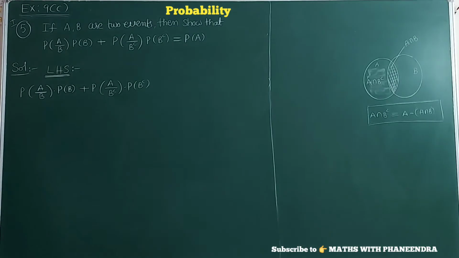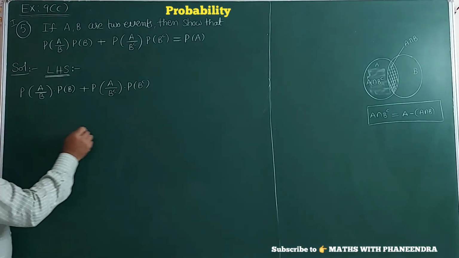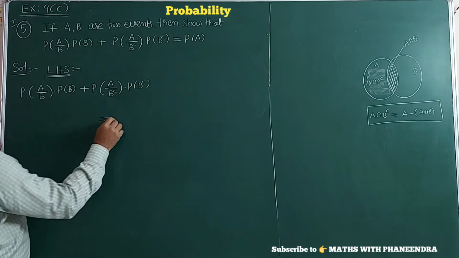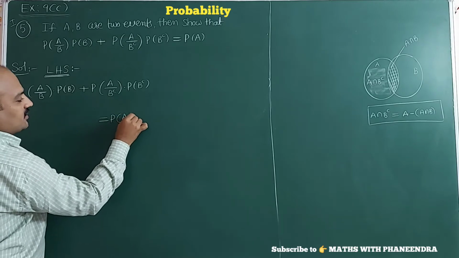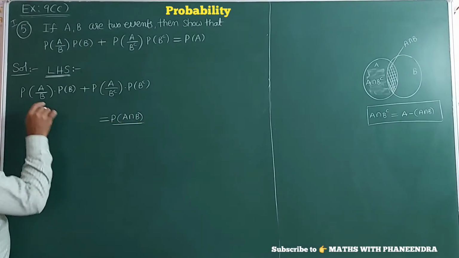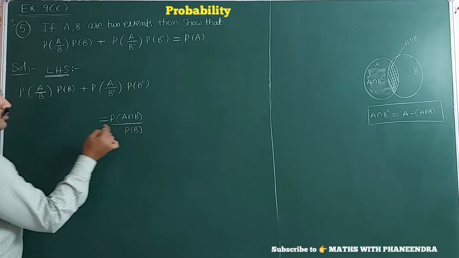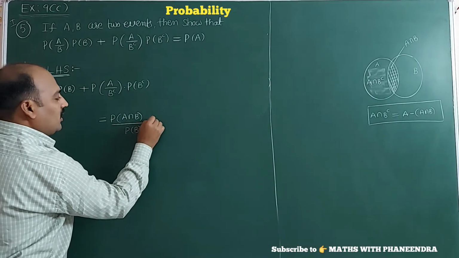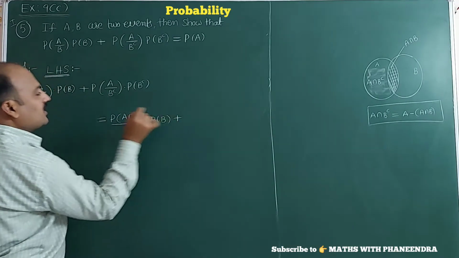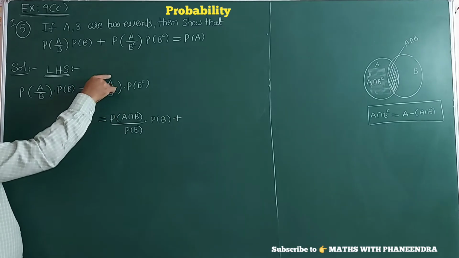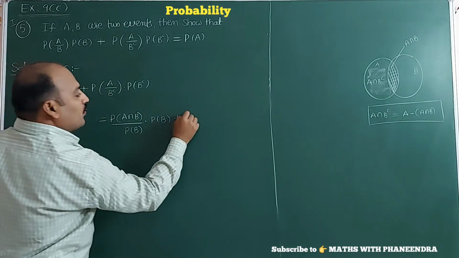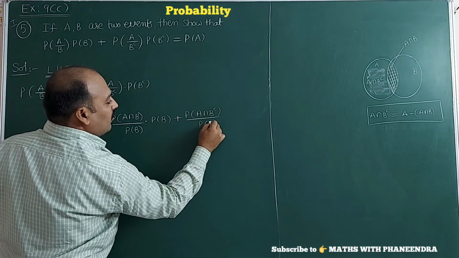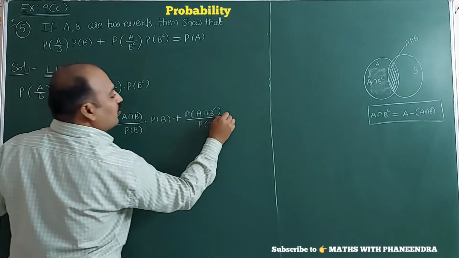By the definition of conditional probability, P of A by B can be written as P of A intersection B divided by P of B, into P of B. Plus again by the definition of conditional probability, P of A given B complement is P of A intersection B complement divided by P of B complement, into P of B complement.